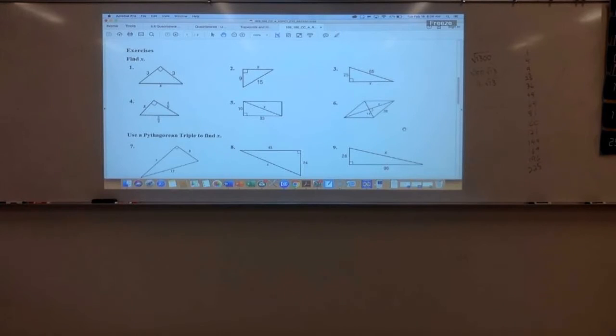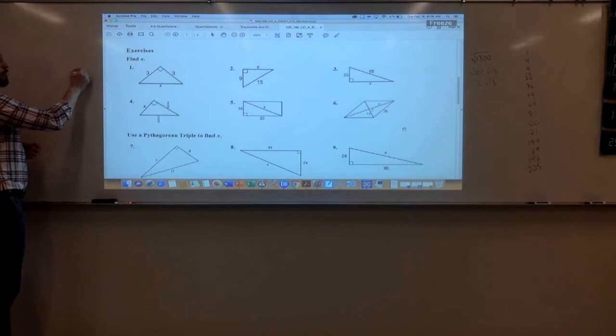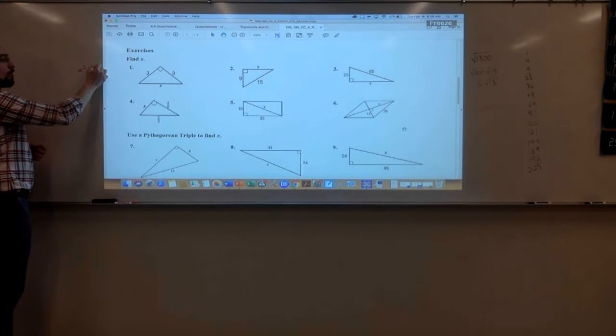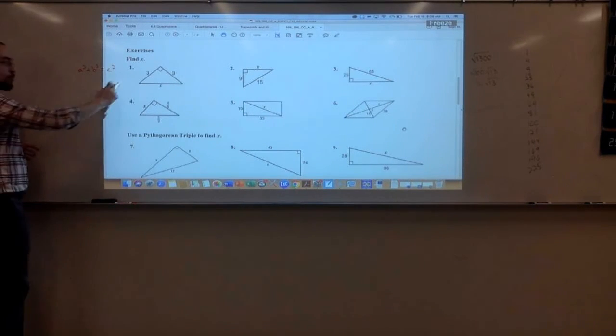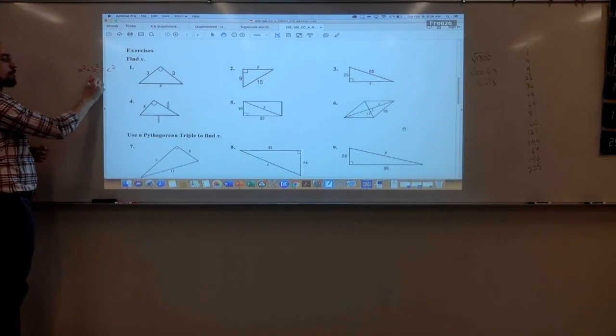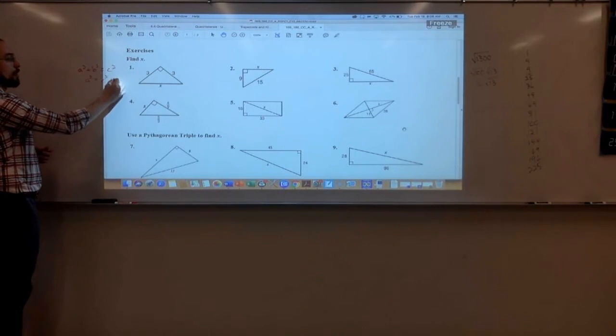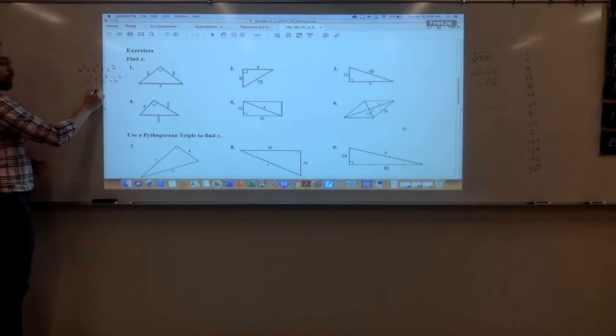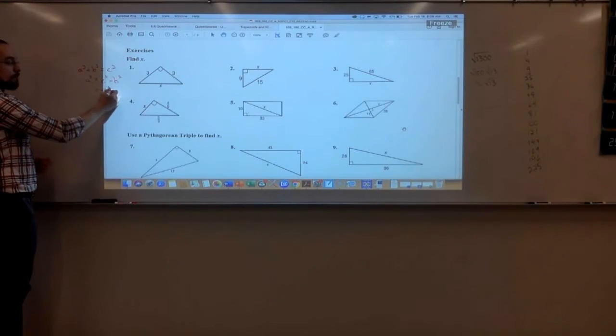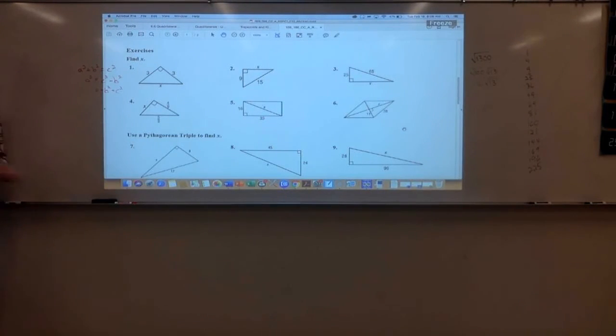If you're missing A or B, so if you want to solve for A squared, you would subtract the B squared over and say A squared equals C squared minus B squared. You could write this as negative B squared plus C squared. It doesn't matter.